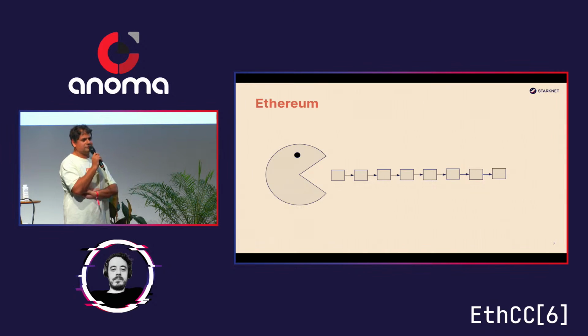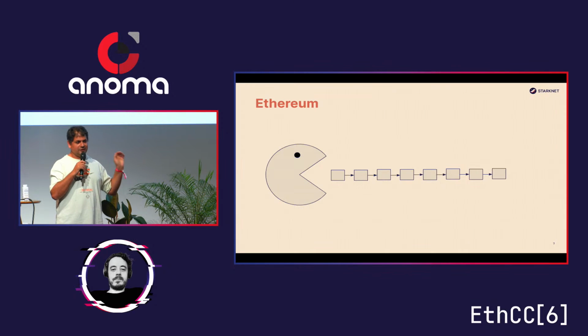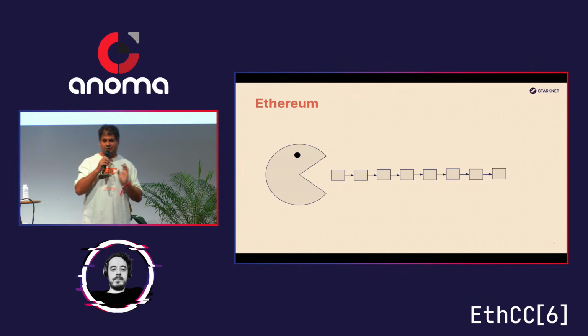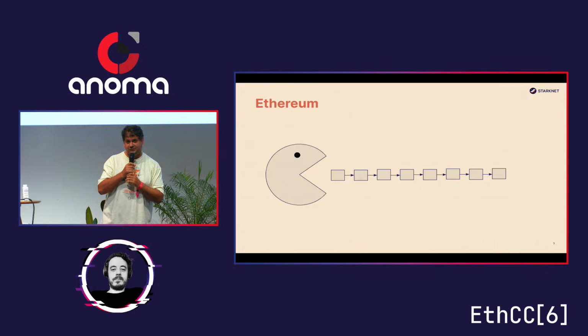And the way it works is that an Ethereum full node needs to eat the blocks as they come. That means that if a Pacman is starting fresh without any knowledge of the chain, it is going to have to eat the entire chain before it's fully synced. And even if the Pacman is already fully synced and you get more blocks, you need to be able to process them.